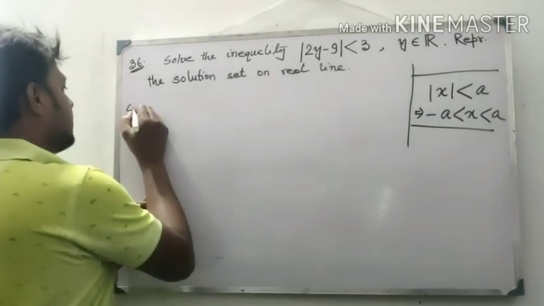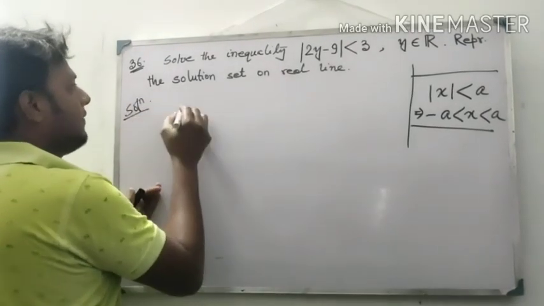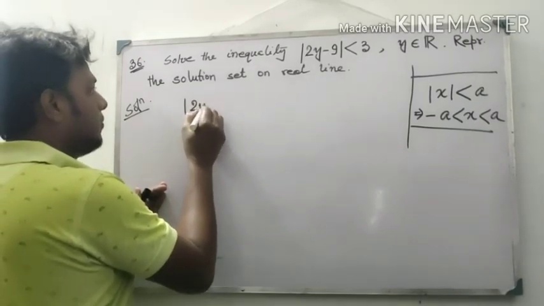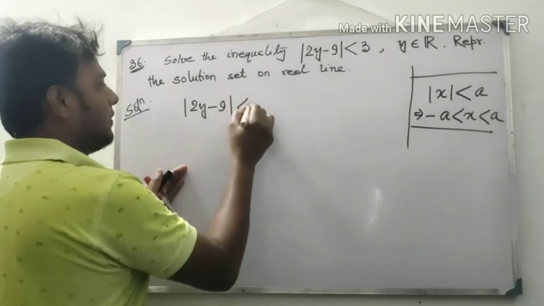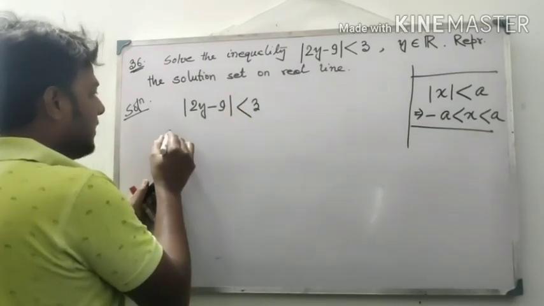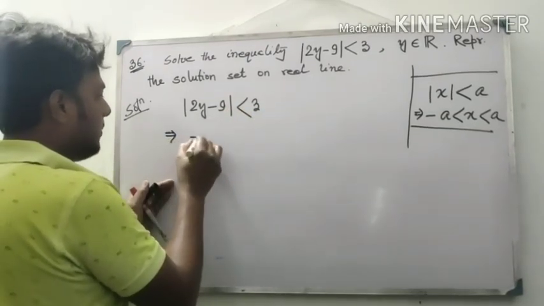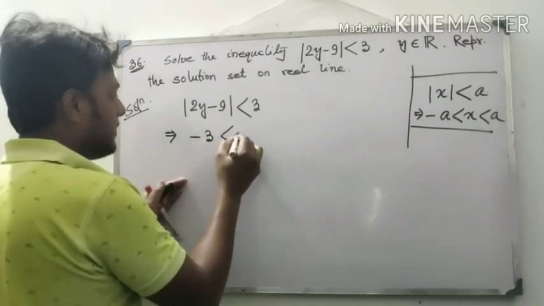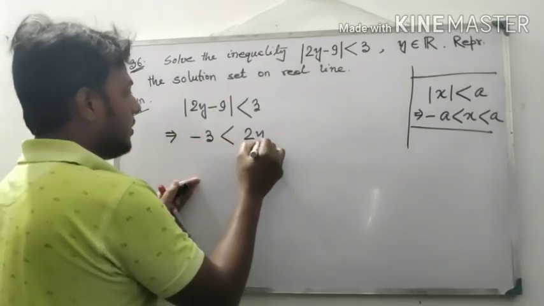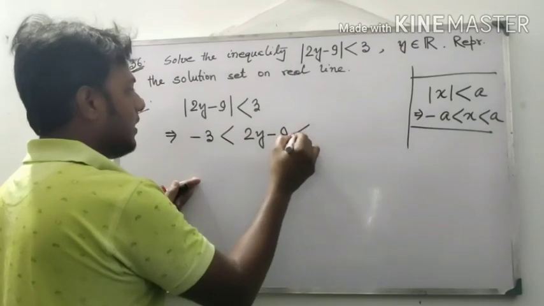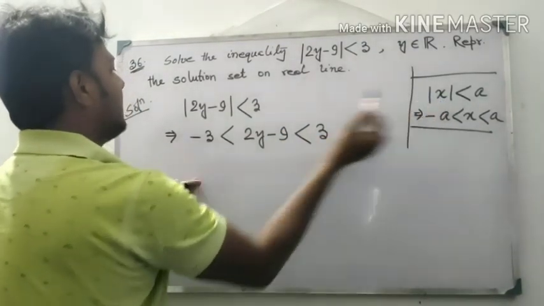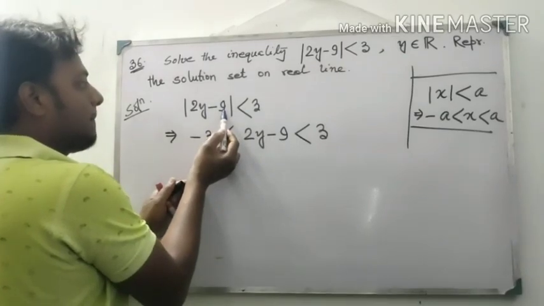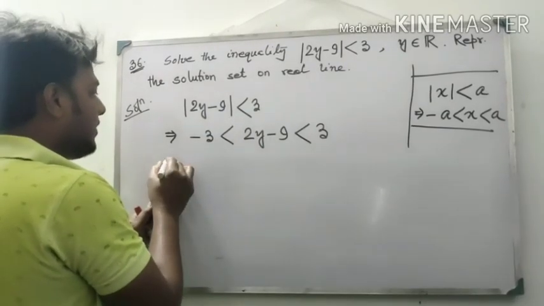So we can use this one here, given that mod of 2y minus 9 less than 3. So the solution: given mod of 2y minus 9 less than 3 implies that it will be minus 3 less than, if we remove the mod, 2y minus 9, less than 3. See, here in the place of x there is 2y minus 9. Now we can solve it easily.